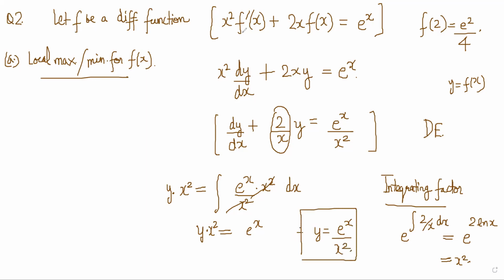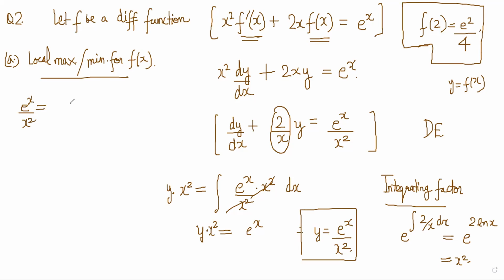Notice that y is equal to e power x by x square will fit this and it'll fit this also. First of all, it can be easily seen that it fits this, right? x equal to 2 will fit it. Let's try to take the derivative of e power x by x square.